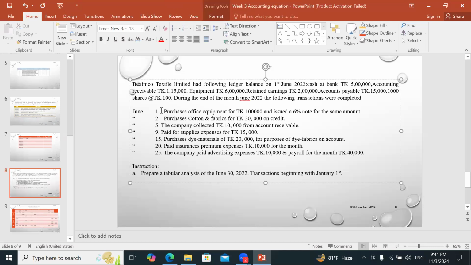The business starts on 1st June. My transaction took place on 1st June, because purchasing office equipment for taka 1 lakh and issuing a 6% note for the same amount is written June 1.